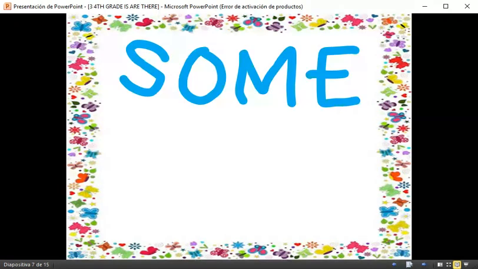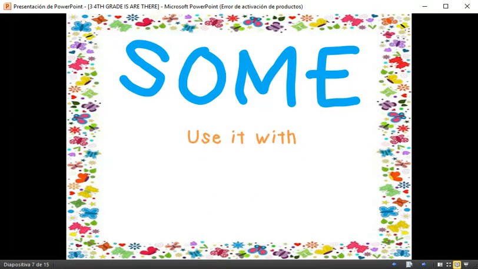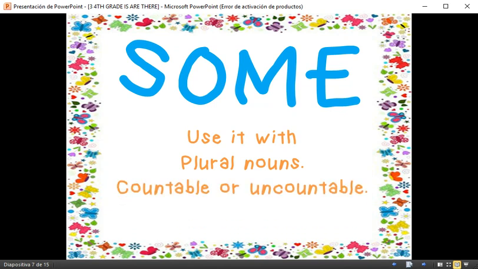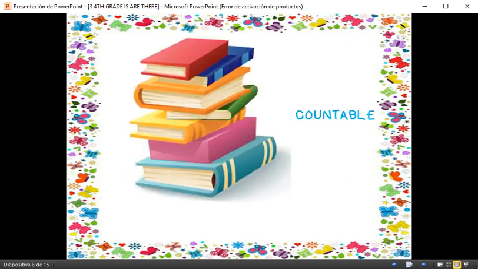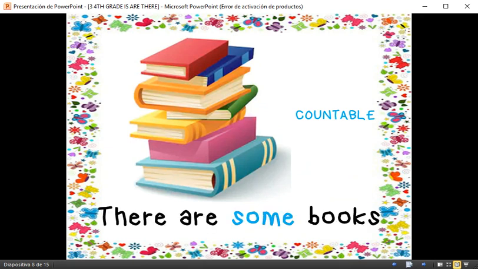The next word is some. Please repeat some. We are going to use some with plural nouns, countable or uncountable. Affirmative sentences. For example, there are some books.